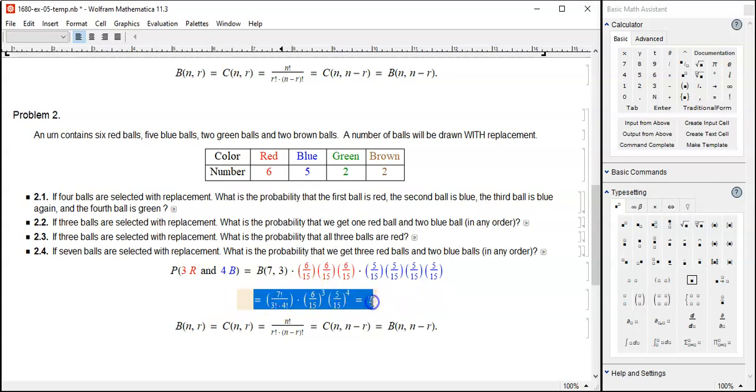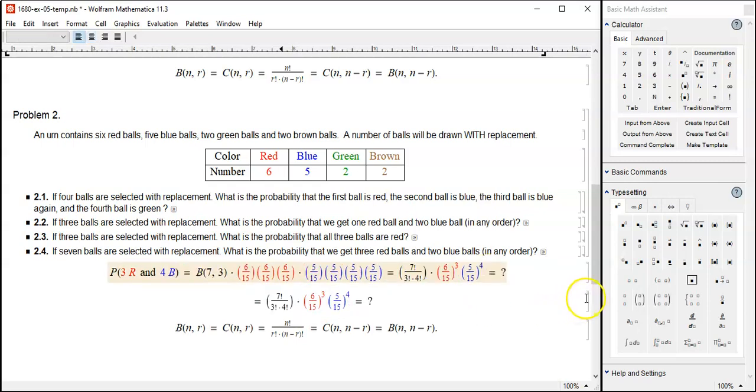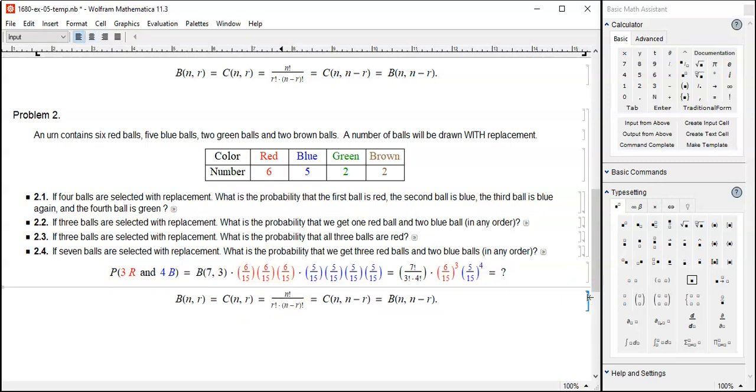I can put everything in the same line here. Okay, that's easier to see. And then we can calculate this binomial, 7 choose 3, using this formula. Or in general, you're going to get this.